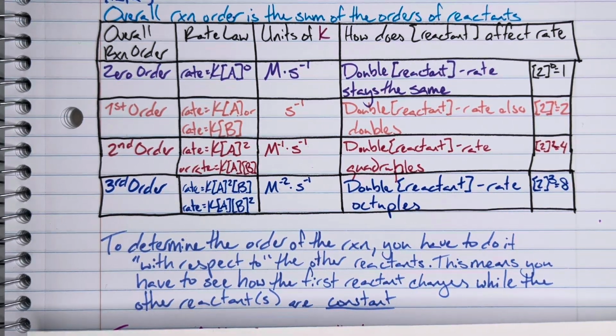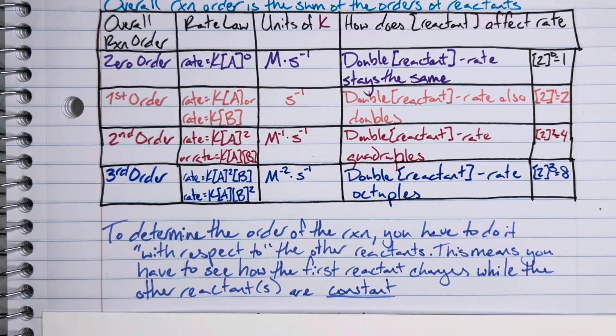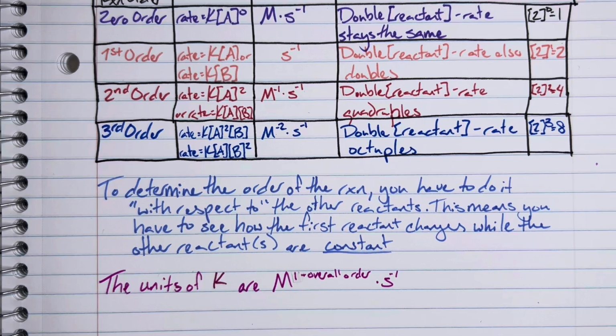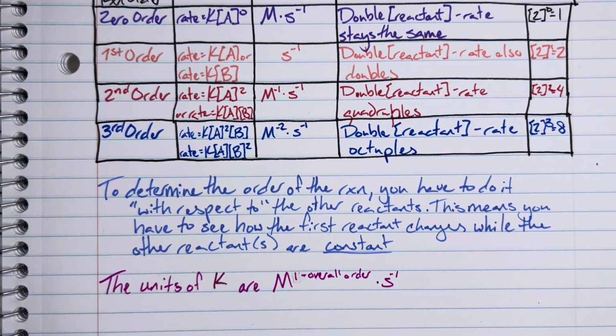And then you will do this with each of the reactants. And as a simple trick here, your units for K are going to be your molarity to the 1 minus the overall order per second.